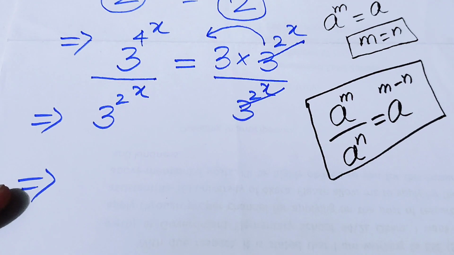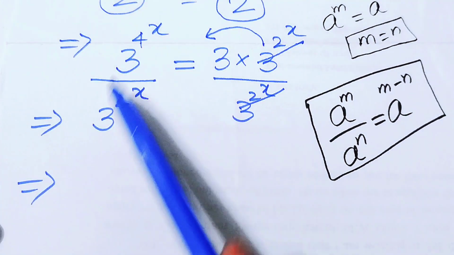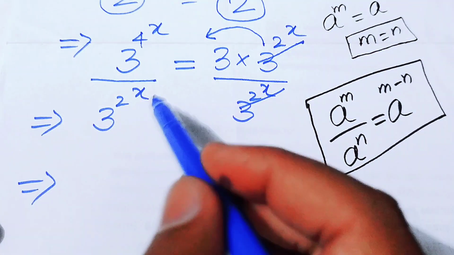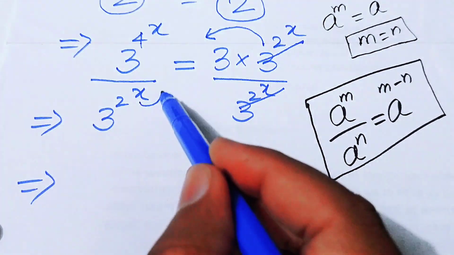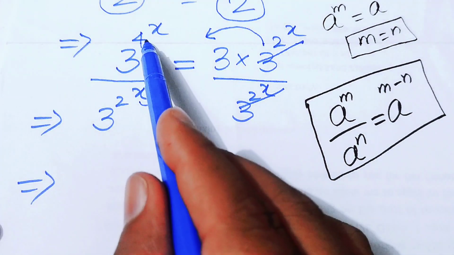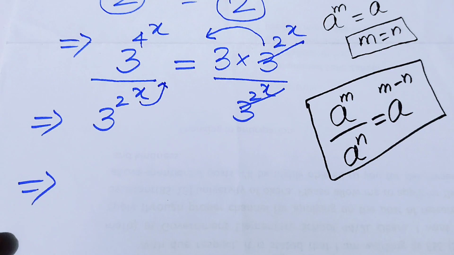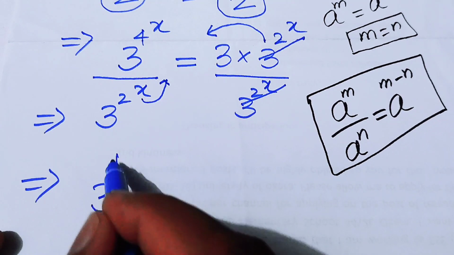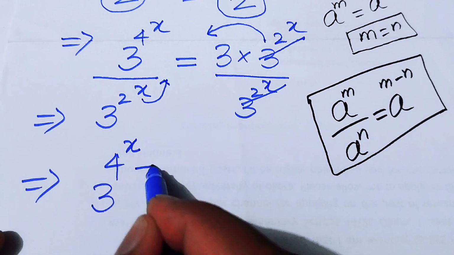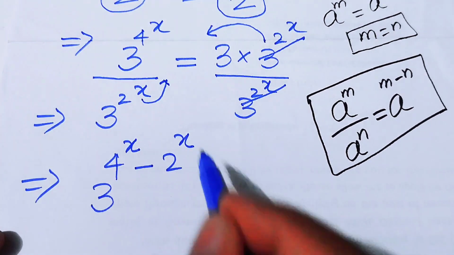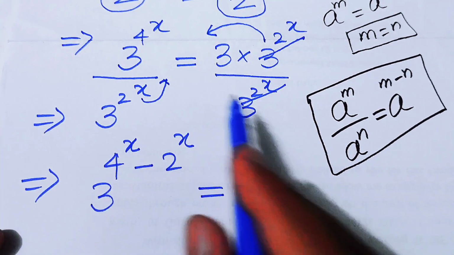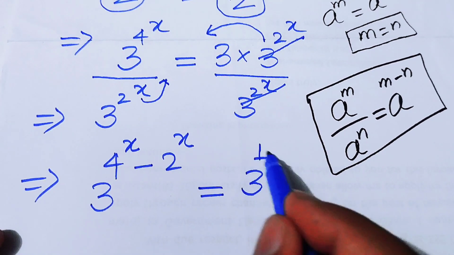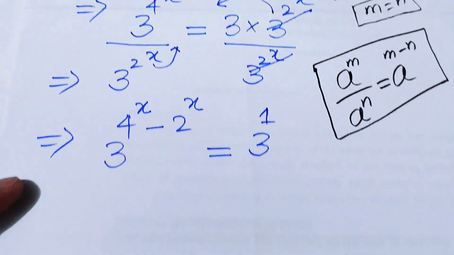According to this law, the bases on both terms are same, so the exponent in the numerator differs from the exponent in the denominator. So we can write it as 3 to the power of 4 to the power of x minus 2 to the power of x is equal to, here you get only 3 and its exponent is 1.